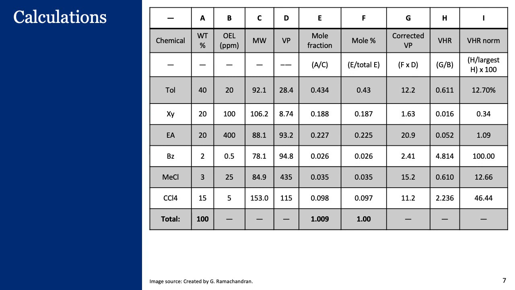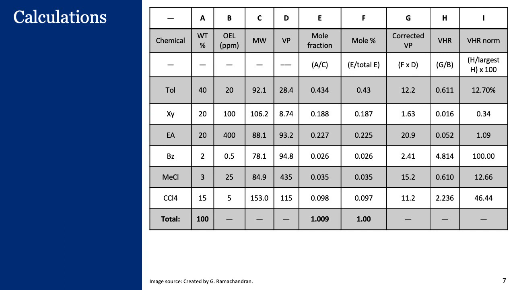But toluene is only 43% in terms of mole fraction. And so the vapor pressure is reduced proportionally. So the corrected vapor pressure is the mole percentage given by column F times the pure vapor pressure given by column D. So we get 12.2 millimeters of mercury. And we similarly calculate the corrected vapor pressure for all the other compounds.